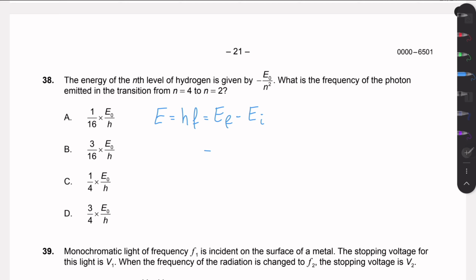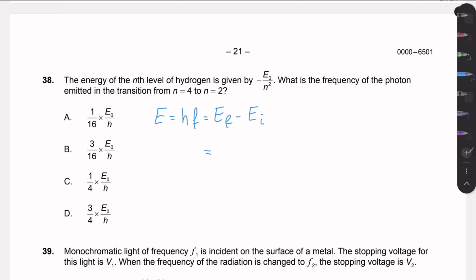And so we know that the final energy is at n equals 2, or well, yeah, so what is the frequency of the photon emitted in the transition from n equals 4 to n equals 2? So technically, we can say that the final is the n equals 4 level because this will be negative.